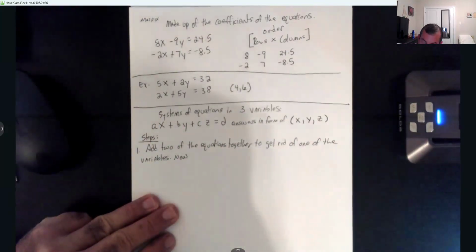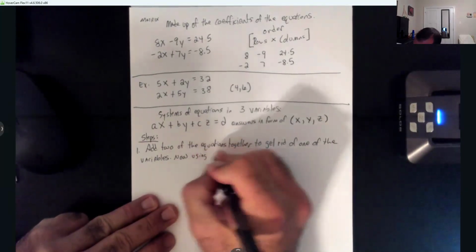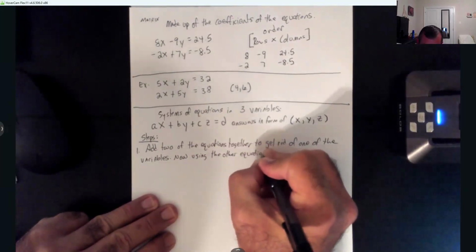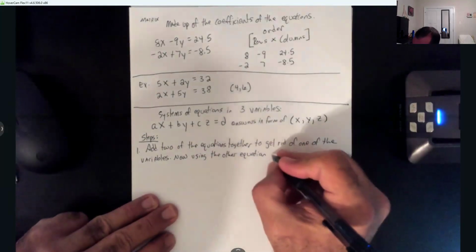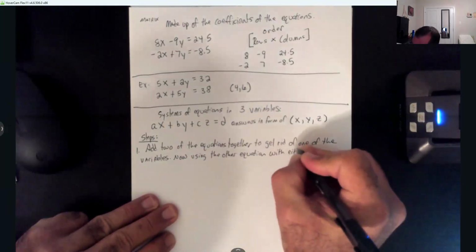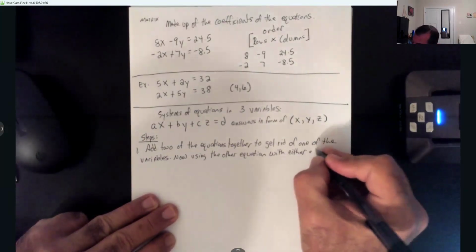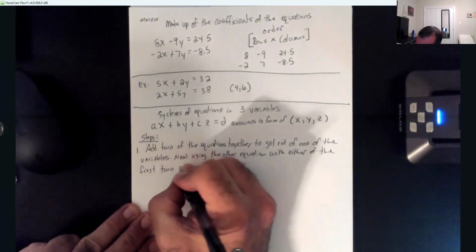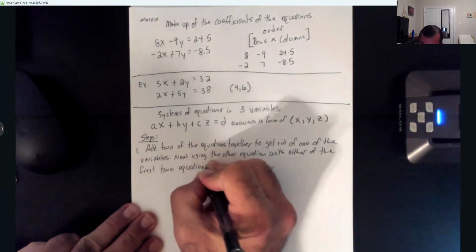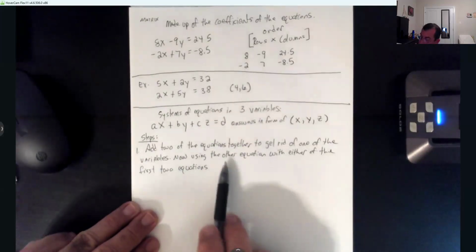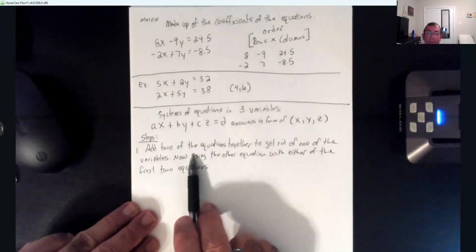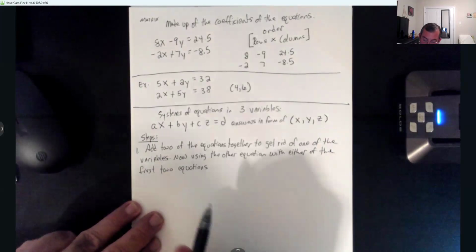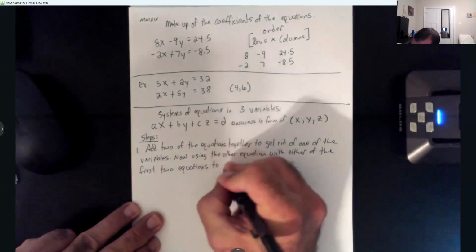So now, using the other equation with either of the first two equations, so I used two equations out of three, got rid of one of my variables. Now the third equation, I'm going to use it with either one of the first two equations to get rid of the same variable.